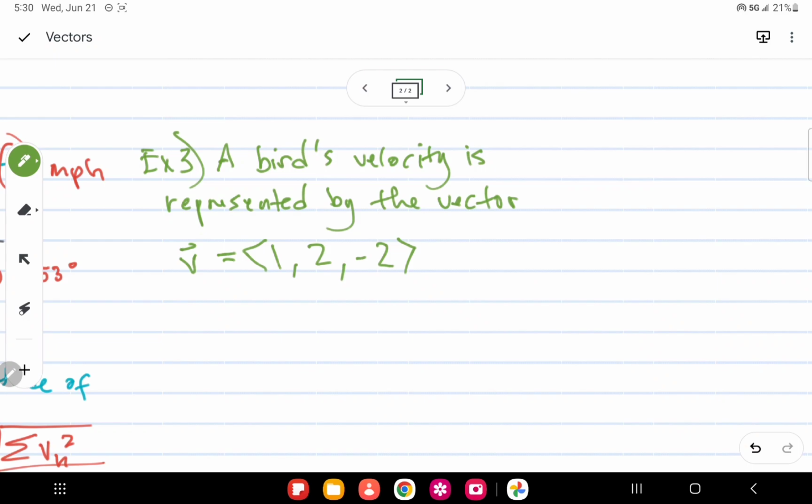Now, from that, you could tell that it's a 3-dimensional object since it has 3 components: component 1, component 2, component 3.